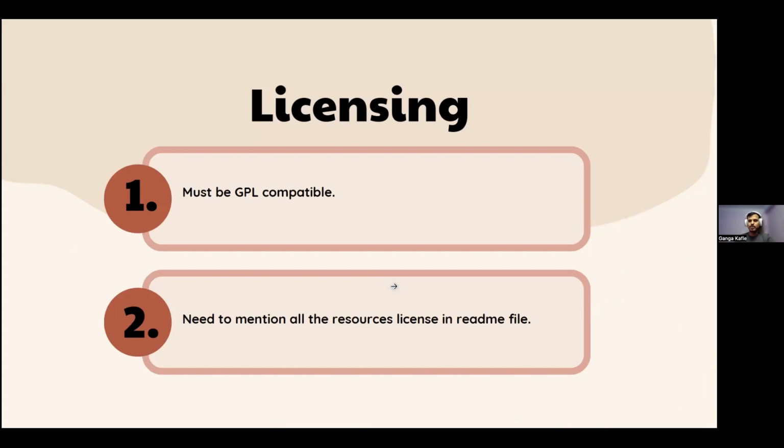As I said before, WordPress is GPL, open source. It means all the code and all the resources used in WordPress, you can reuse, distribute, sell, everything. And the theme should also be GPL. So the theme that you are going to submit to WordPress.org should be 100% GPL, including all the resources bundled in the theme.